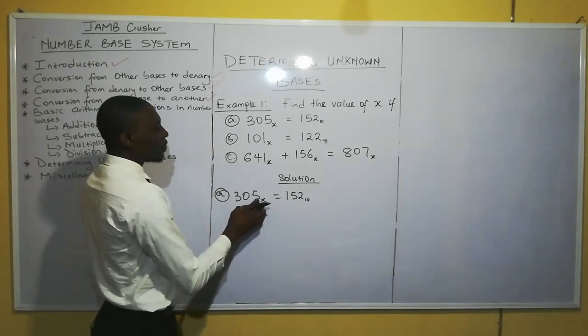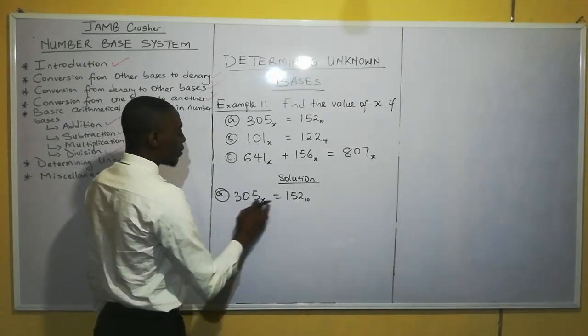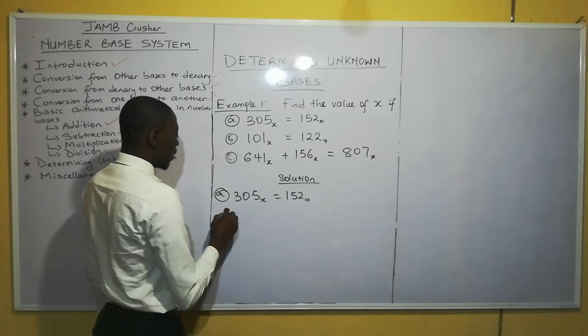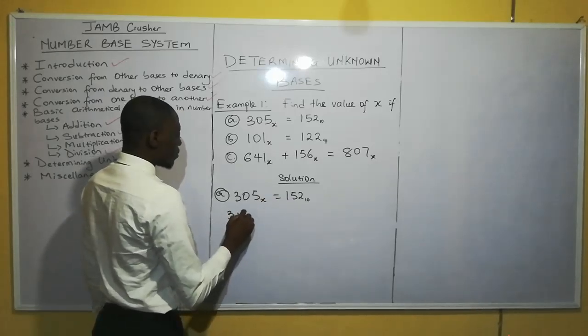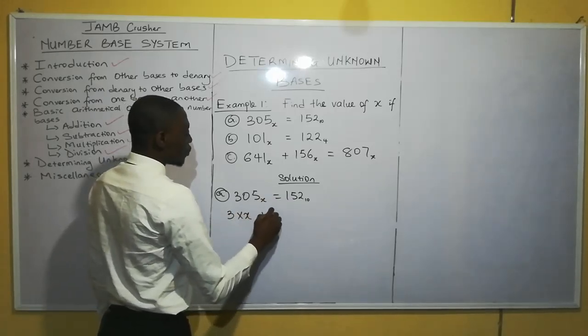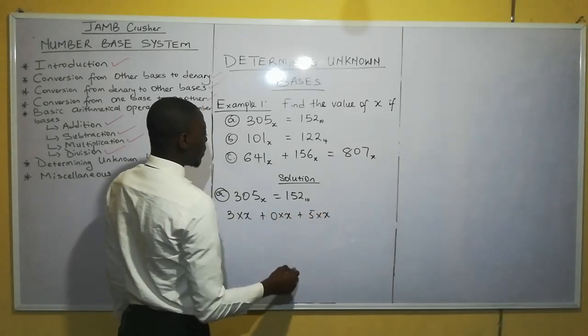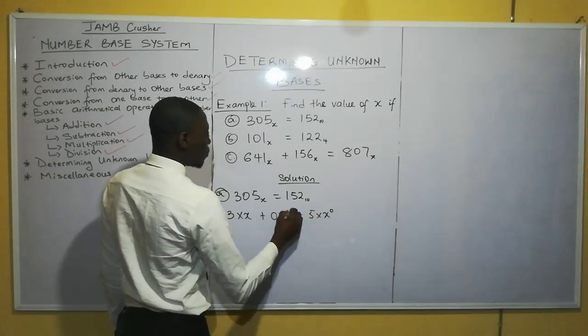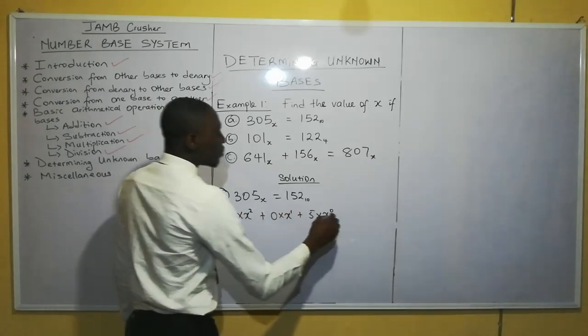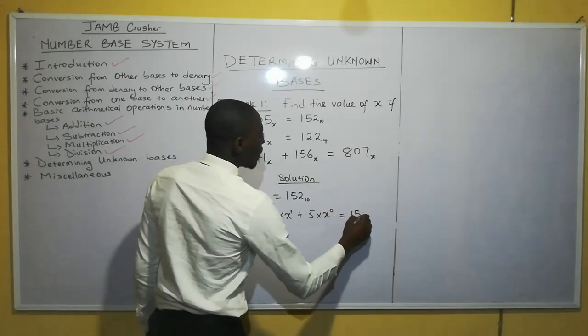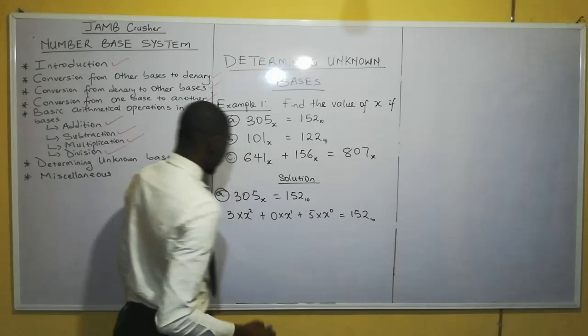But this, we don't know the value of x. I'm going to expand this in the powers of x. So we have 3 times x plus 0 times x plus 5 times x, giving them powers 2, 1, and 0, is equal to 152 in base 10.